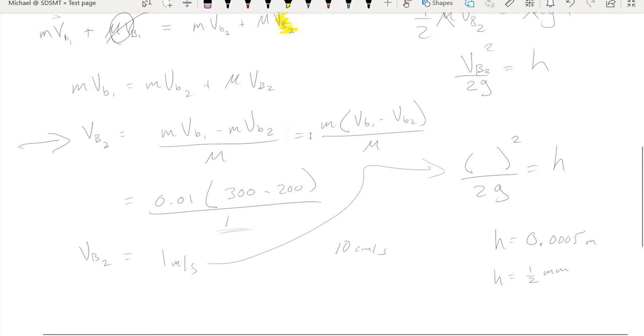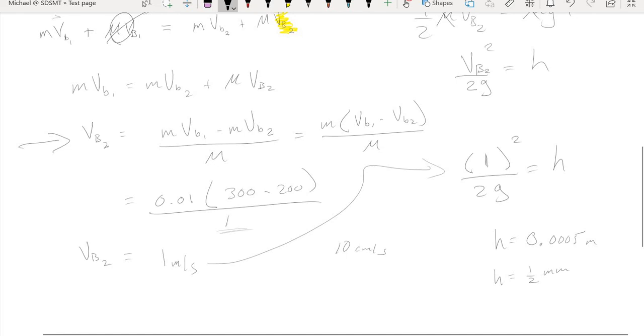So now that our velocity is 1, we have 1 squared divided by 2g, which should end up being, I think, half of a centimeter maybe.